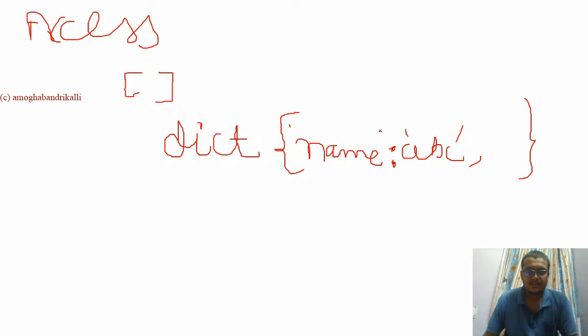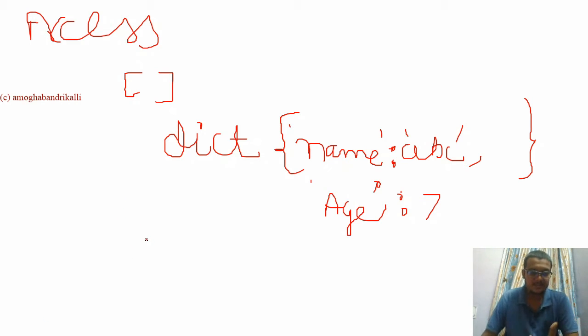If it is a string, you need to give it in single quotes. If age is a key, then a colon, and you mention the value. So this is called a dictionary.